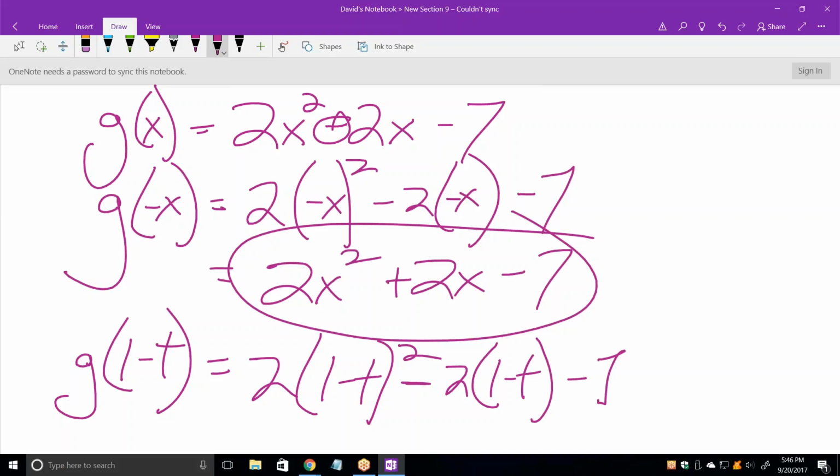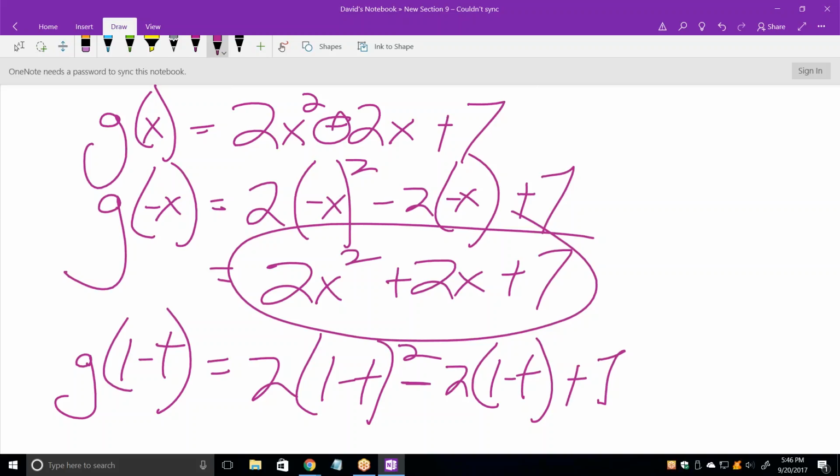Correct? No, the original function is plus 7. You're kidding. Yeah, I think that's what we did wrong. That's why that one problem was wrong. So the answer on that minus x should have been plus 7. Yeah, that's why I got it wrong. I just copied it down wrong. So it's 2x squared minus 2x plus 7?